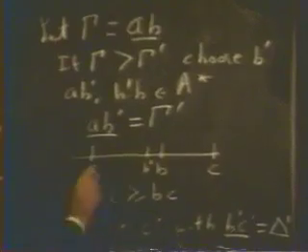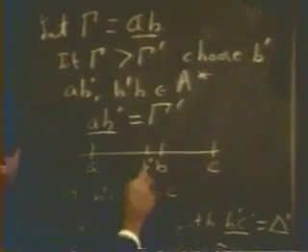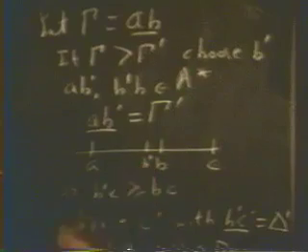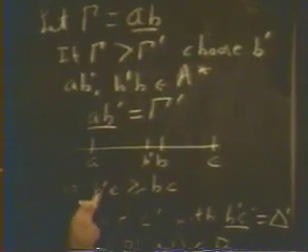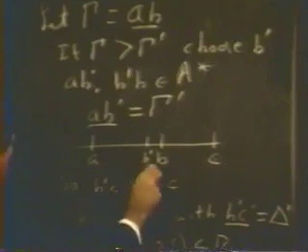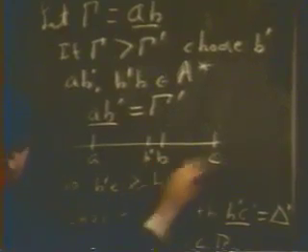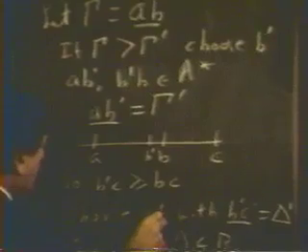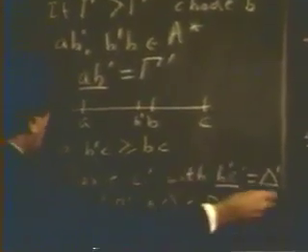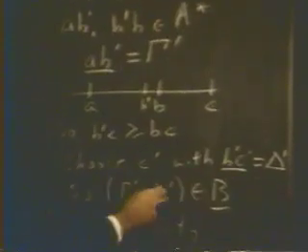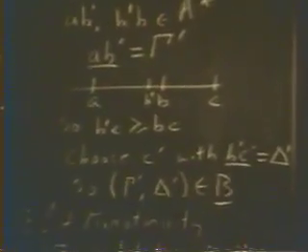So the picture looks like this. We have AB and BC. Now we can choose this B prime. But once we've chosen that B prime, it's easy to show, as the picture shows, that B prime C is at least as great as BC as an interval. Then we can choose C prime such that B prime C prime is equal to delta prime, and so we have gamma prime delta prime in B.